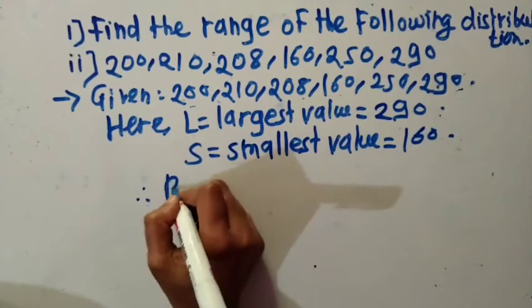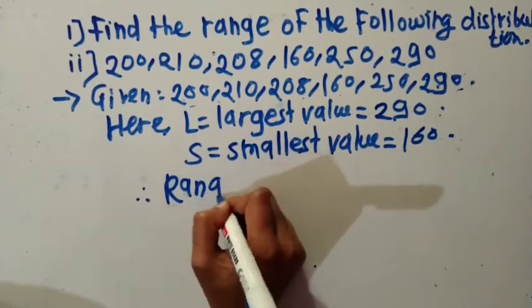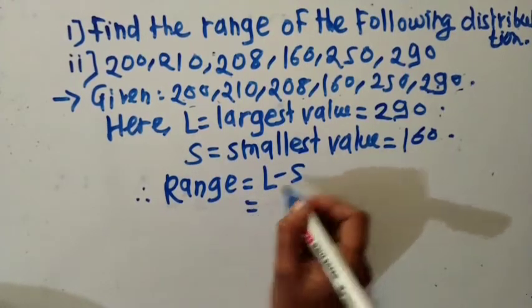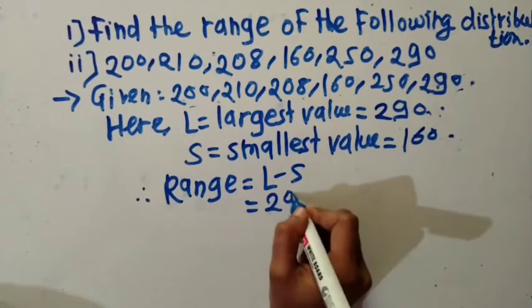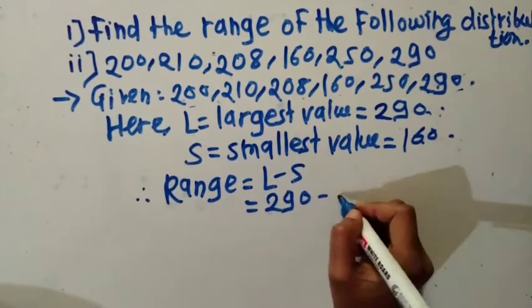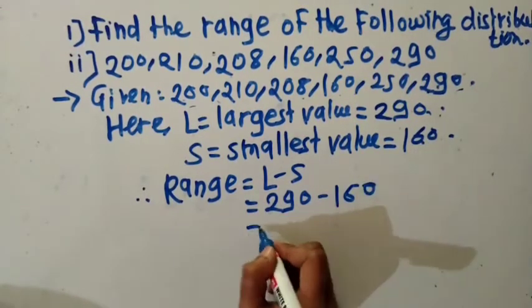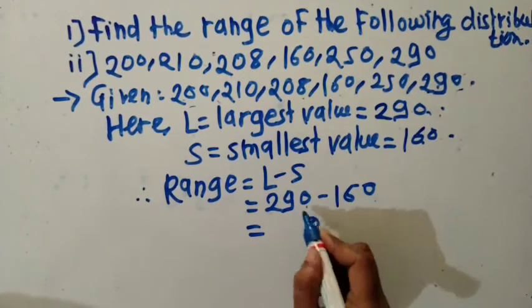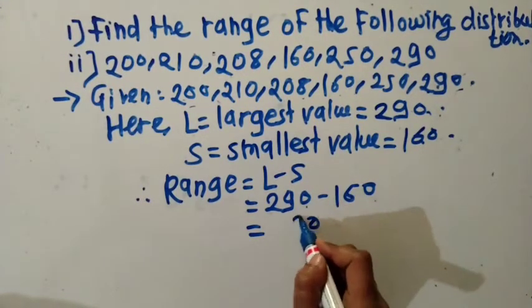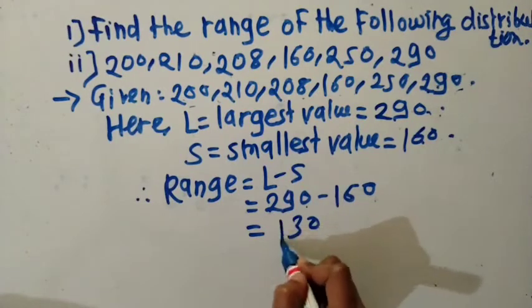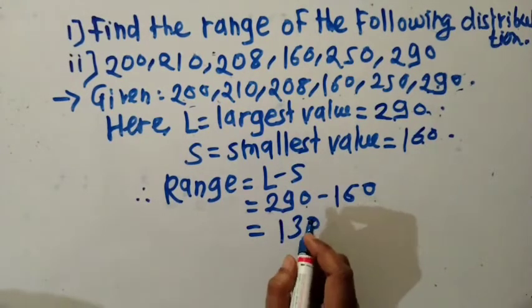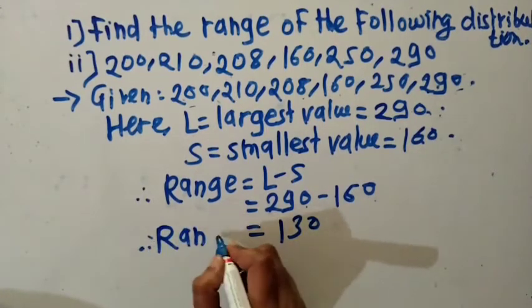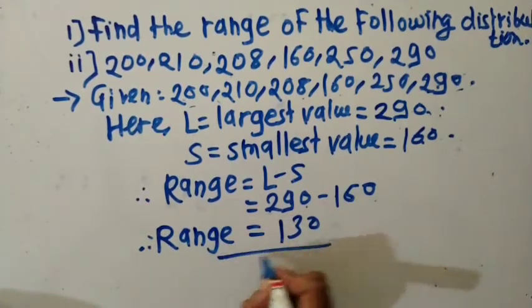So range is equal to L minus S, means 290 minus 160 is equal to 130. Hence range is equal to 130.